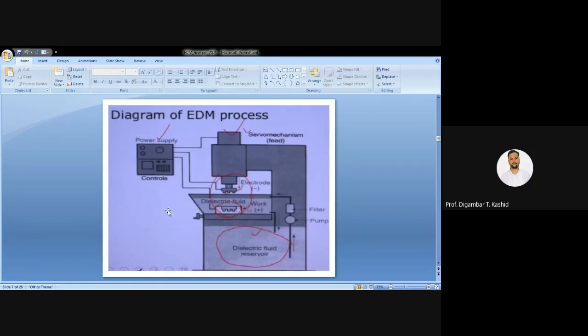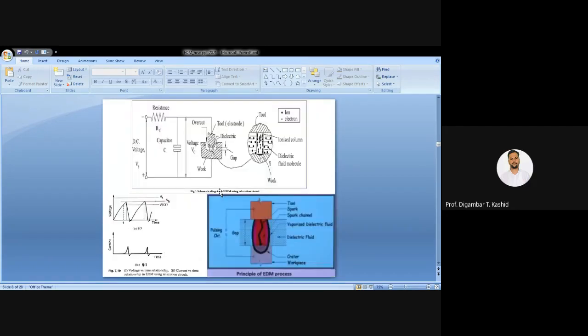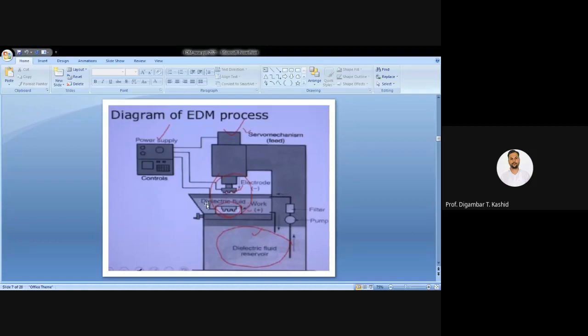Now I will give 2 minutes to draw this diagram. Once again I am repeating, there are only four main components of this process. One is your EDM power supply, correct? Then we have the electrode, that means your tool and workpiece. Then we have the dielectric fluid, and we have the servo mechanism, that is the feeding mechanism.